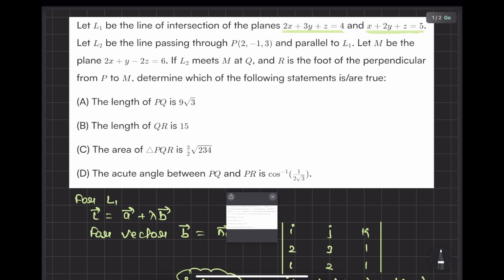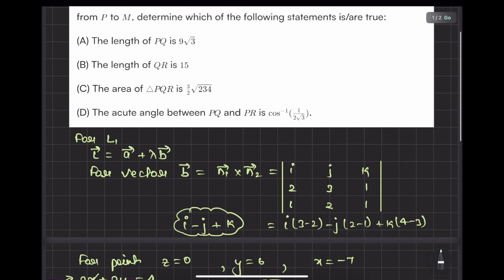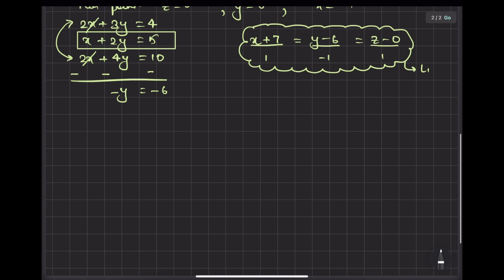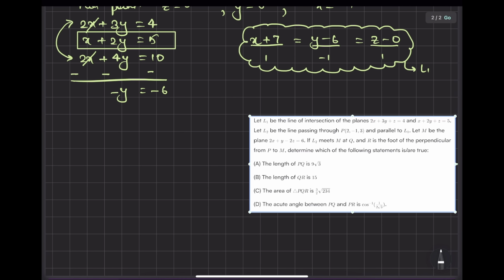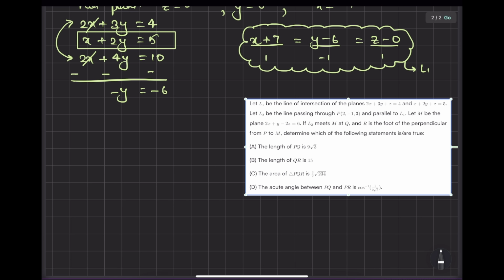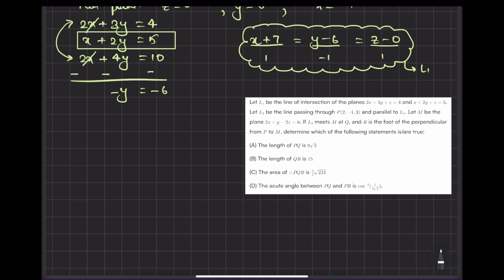Now let line 2. So there is line 2 which passes through the point P and is parallel to line 1. So you need to think about line 2. So who is line 2? Line 2 is a line passing through the point 2, minus 1, 3. Okay. So let's write down line 2.